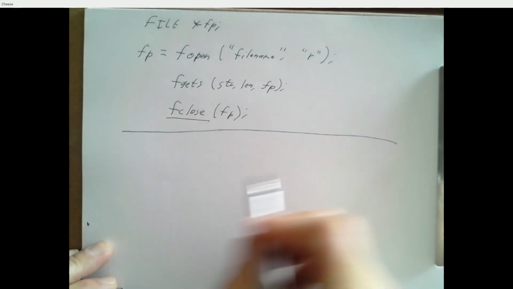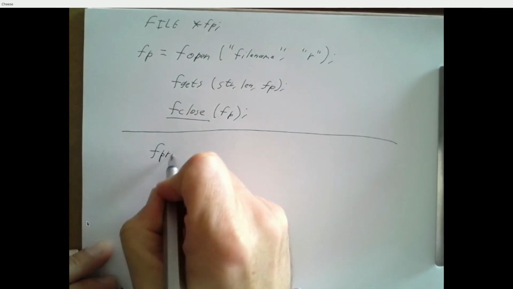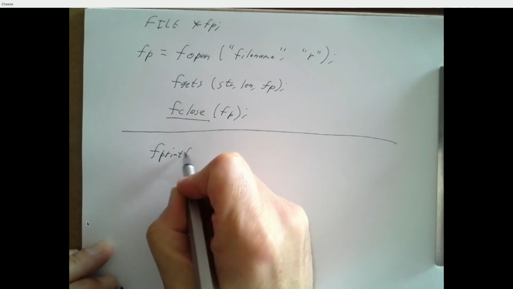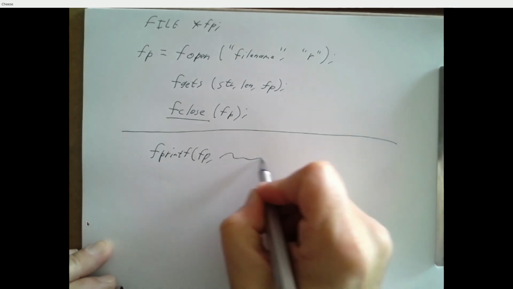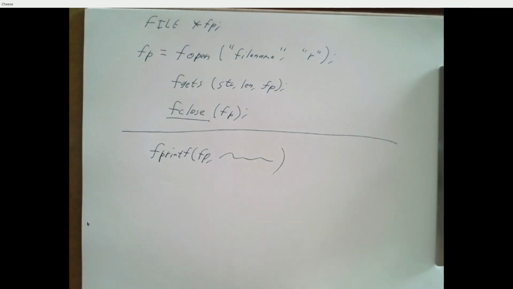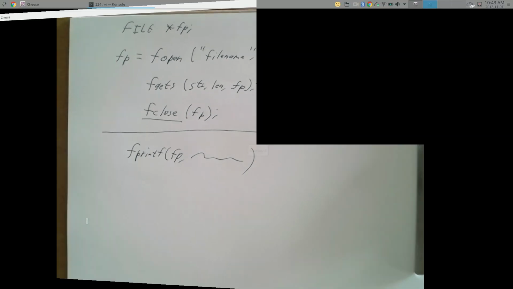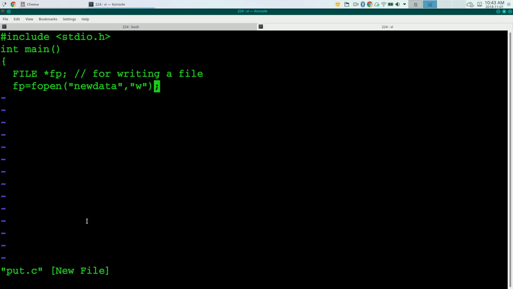And you know how to do printf. There's also an fprintf, and it works exactly like printf, except it takes one additional argument in the beginning, which is a file pointer. And then the rest of the arguments look exactly the same. So I can do something like this.